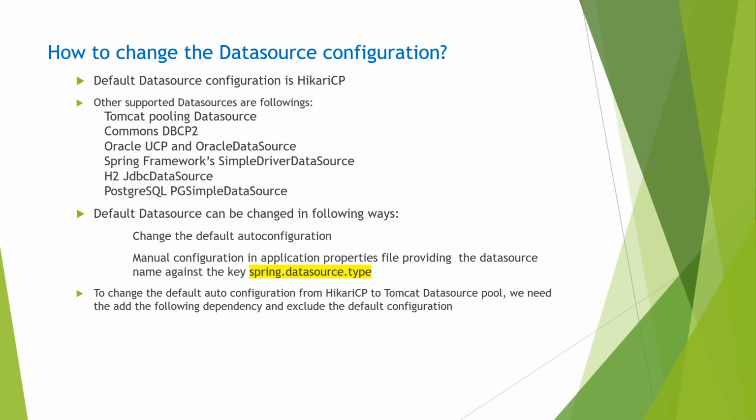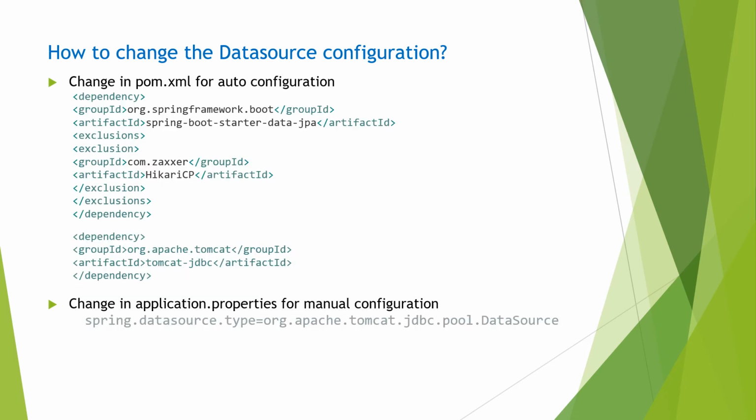Now we have to see what dependencies we need to add. These are the changes we need to make in our application to change the data source. For auto configuration, first we need to exclude the default data source. That is why an exclusion has been added on the Spring Boot starter JPA. If you see, the group ID com.zaxxer and the artifact ID HikariCP have been excluded from the default.